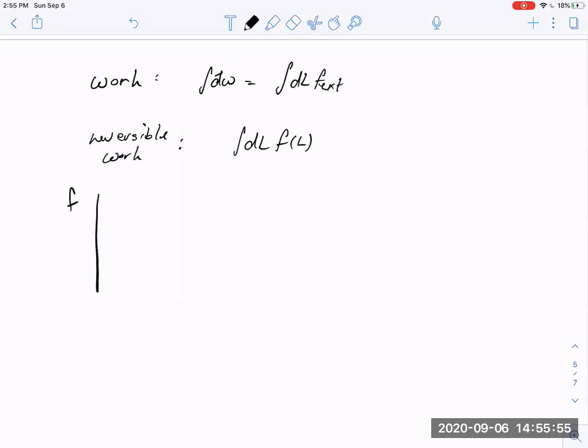I can do that by plotting F versus L. And let's imagine pulling that polymer between some length L1 and some larger length L2. Now, in the reversible limit, we have a relationship between the force and the length, which is a line with slope alpha.